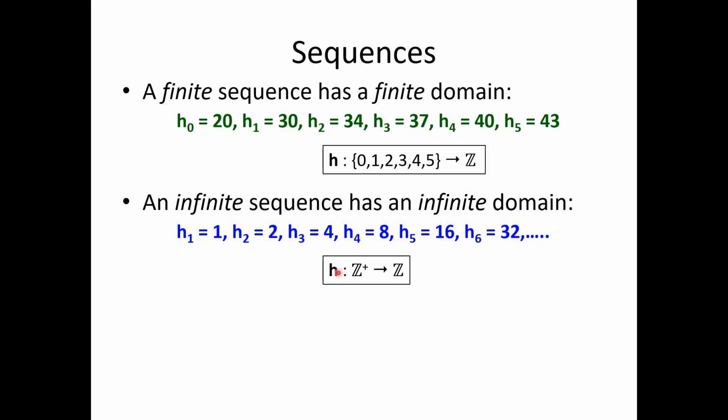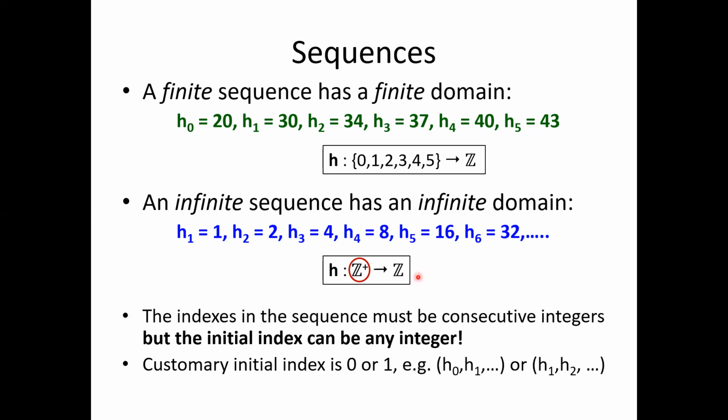The first element is 1, then there is 2, 3, 4. These are the domain elements, the arguments of the function, and the values of the function are integers. And the function has a closed formula: h of i is 2 to the i minus 1.